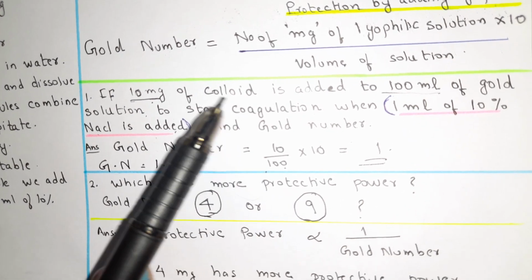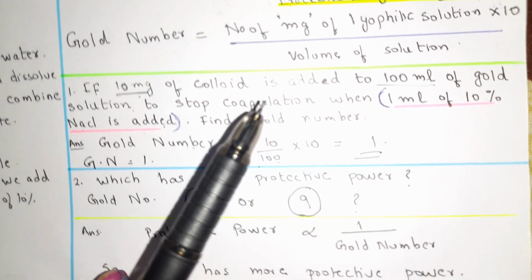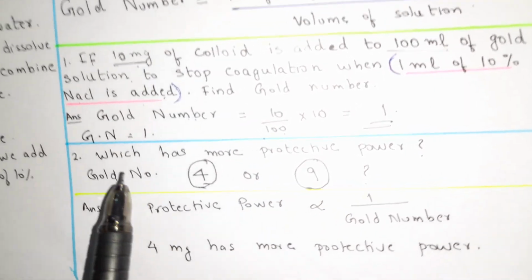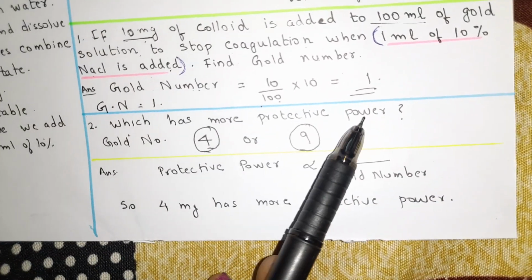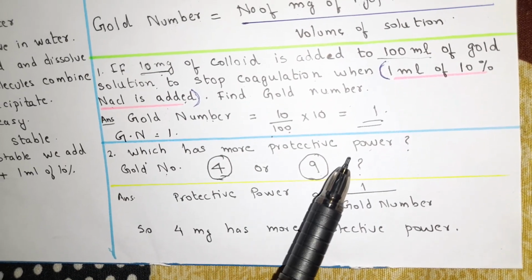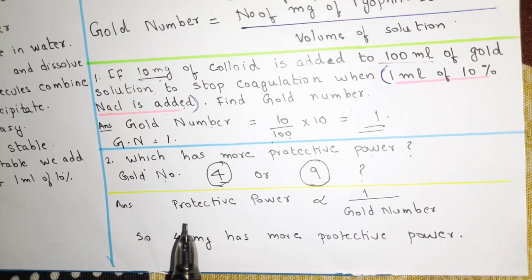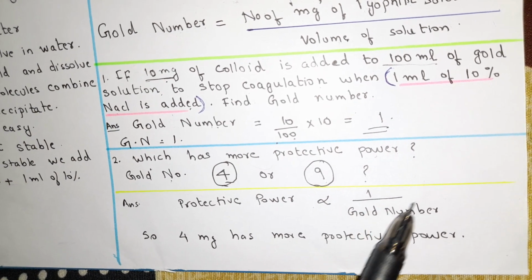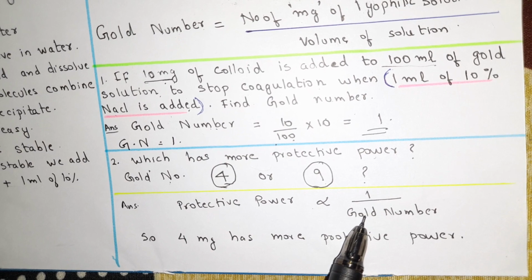So I think that you understood this clearly, how to find out the gold number. Now another question is, which has got more protective power? For gold number 4 or 9, which is having more protective power? For that you remember one important trick, that protective power is proportional to 1 by gold number. So that is inversely proportional.